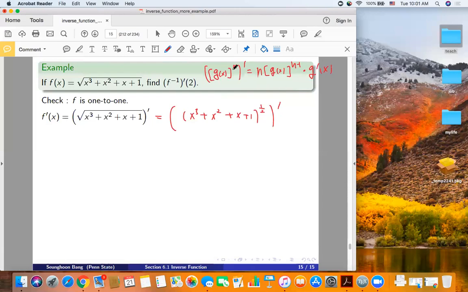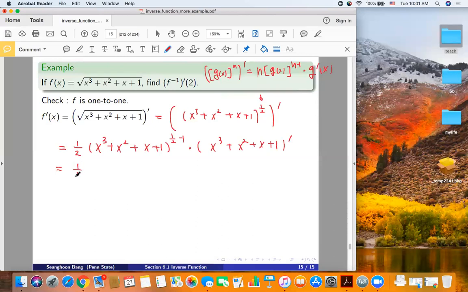So here n is 1 over 2. So we have 1 over 2 times x cubed plus x squared plus x plus 1 to the 1/2 minus 1, times the inner function x cubed plus x squared plus x plus 1 prime.